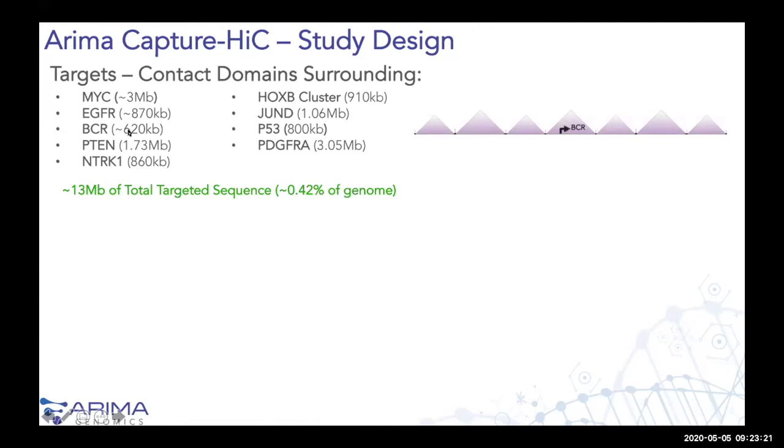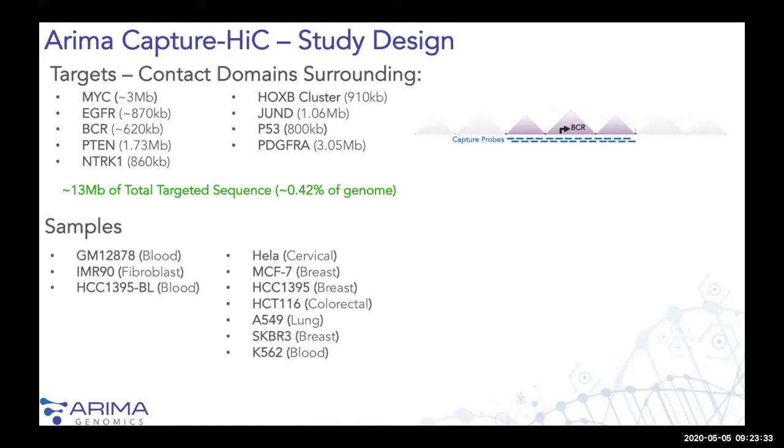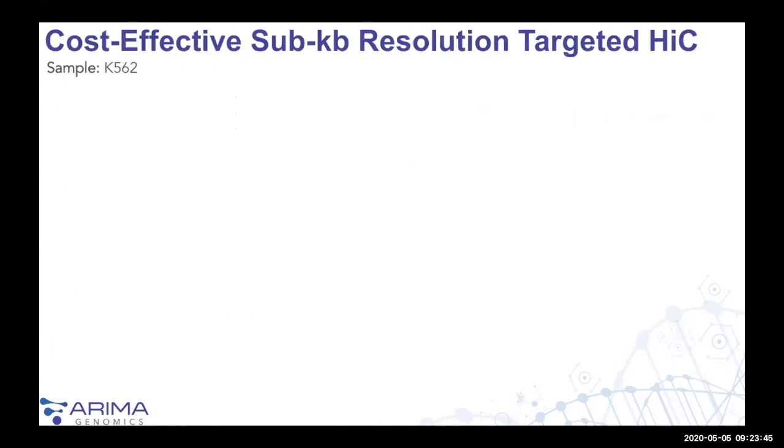What I mean is if the BCR gene is here, we've designed probes to capture the 620 kb around the BCR gene and obtain that high resolution Hi-C data just around BCR. And we've done this in 3 different normal cell lines and seven different cancer cell lines of different tissue origins. All this data that I'm going to talk about here in the future is openly available if you want to have a look at it.